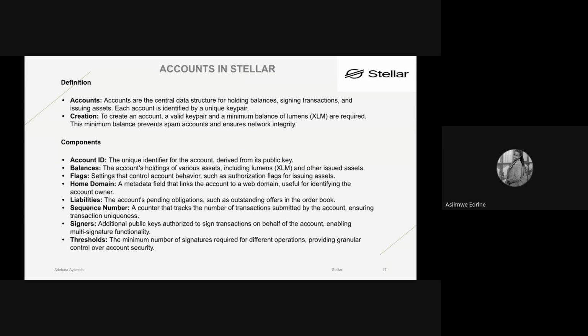Thank you. So I think the reason why an account needs a public key and a private key is because the private key is for privacy and encryption. The public key is what the other users on the blockchain must see.